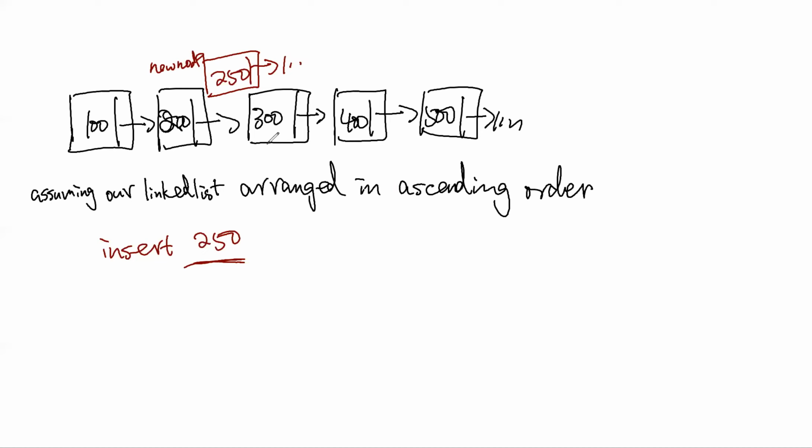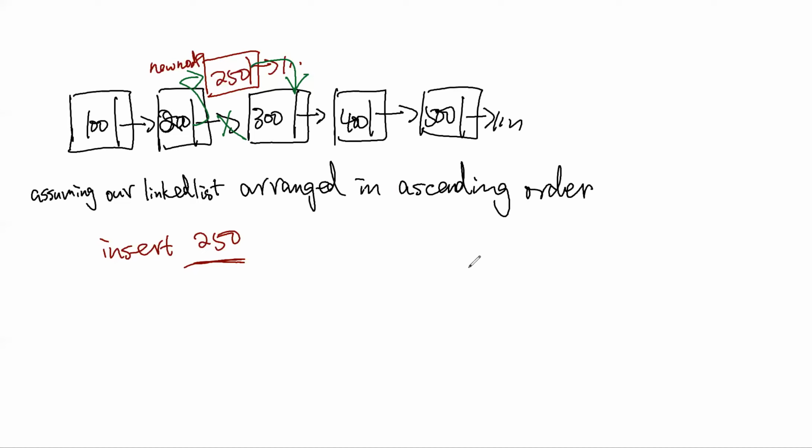You set the new node's next to point to 300. You break this hook and hook it to 250. Then you get this 250 inserted between two existing nodes.